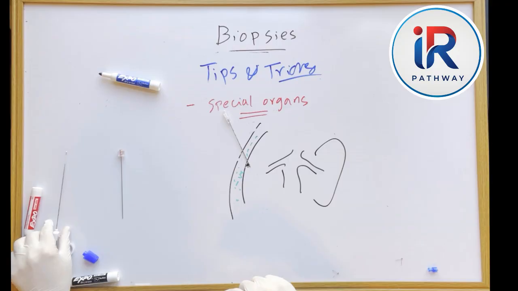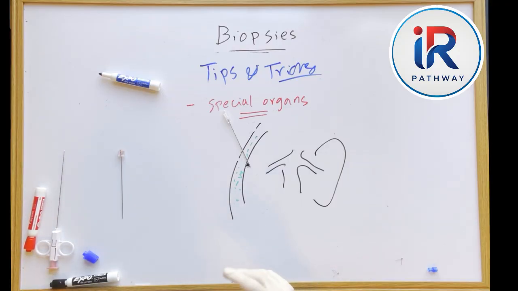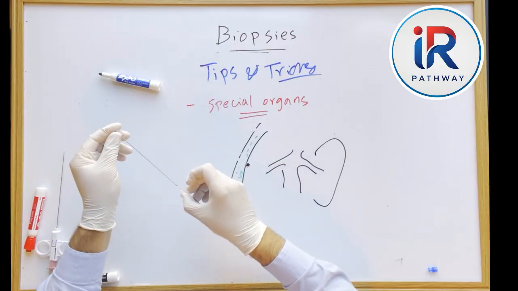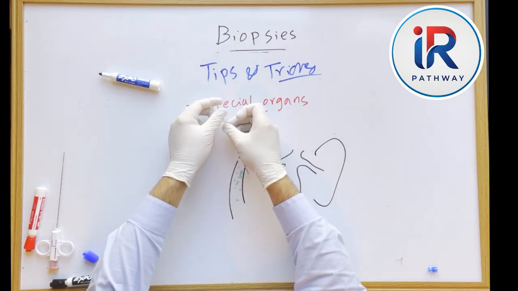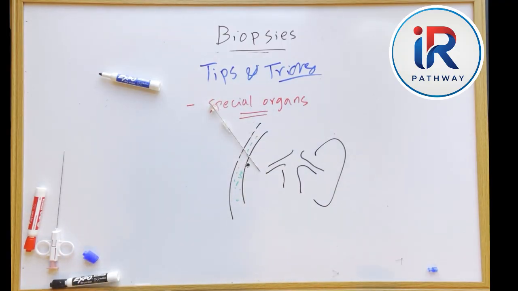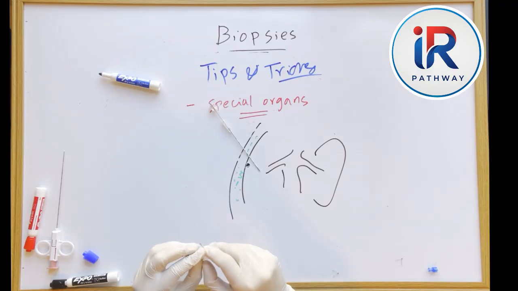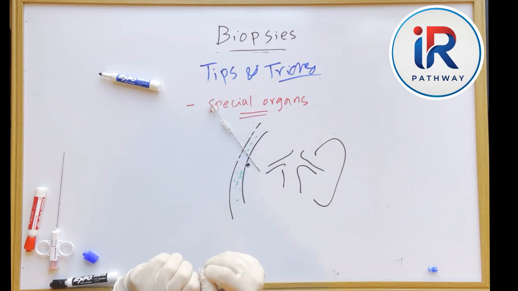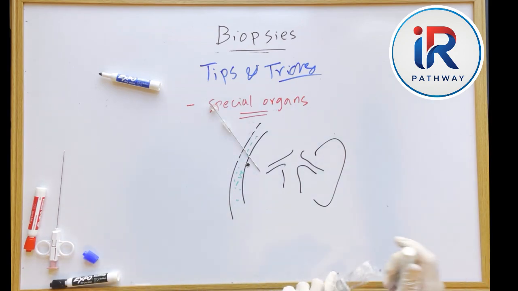So how can we avoid this? It's very important before withdrawing the coaxial needle to make sure you have a good seal at this part. How do you achieve that? If you are working with an experienced technician, you will usually find that he always has a saline syringe ready on the table.